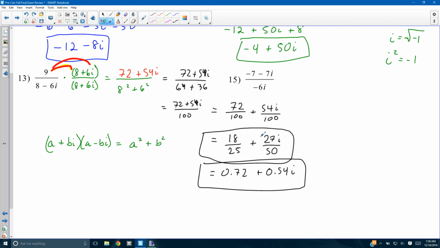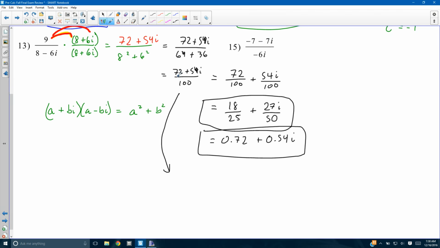Let's see what the answer key says. Number 13. Okay, so for number 13, they did reduce this as one fraction. I would prefer not to, but if this is in the multiple choice, understand that all of these can divide by 2. Remember I divided this one by 4? That also means I could divide it by 2.